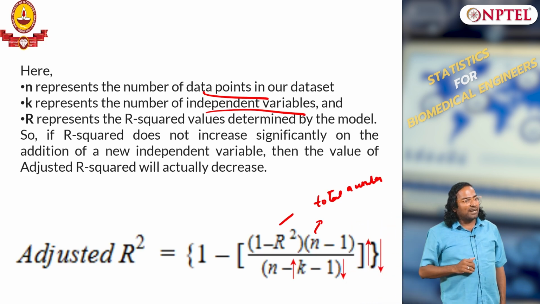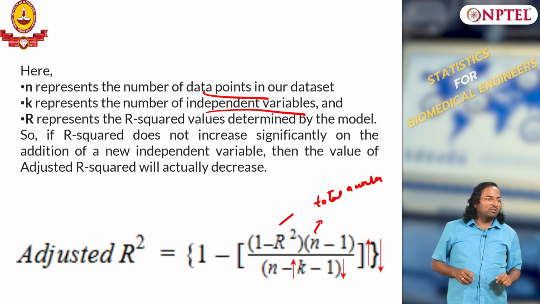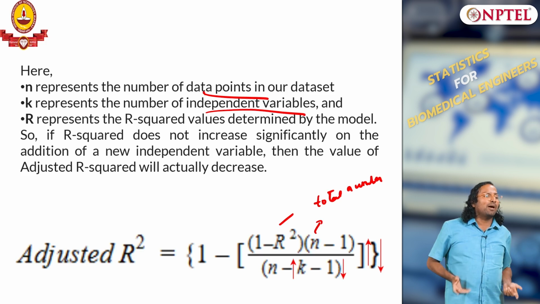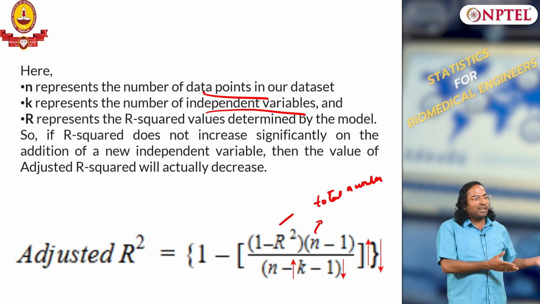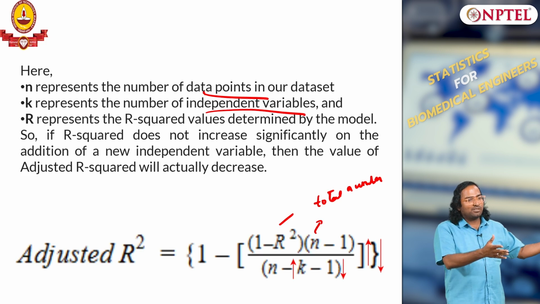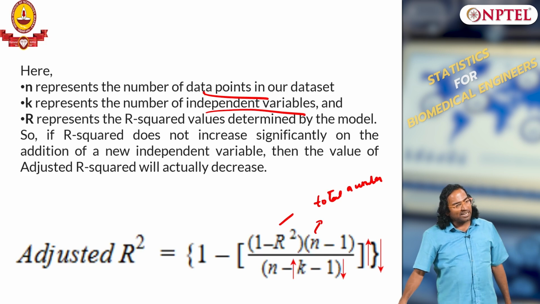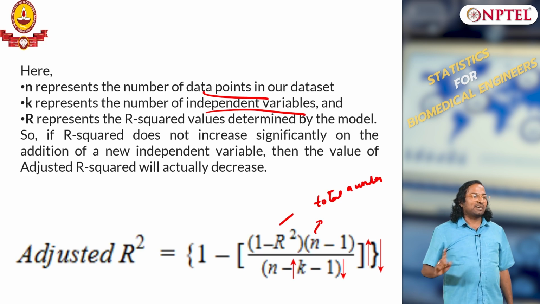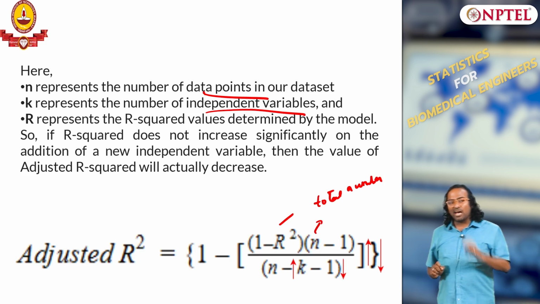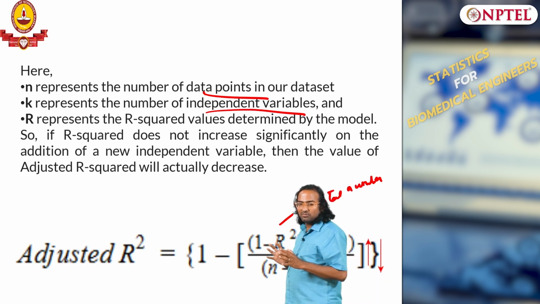If it is dependent, let us say x1 and x2 are highly dependent. x1 you used already. Now if you add x2, what will happen? This will decrease because the total variability explained by x1 itself is captured and x2 is just going to add a delta, and whether it is important or not will be told by your adjusted R square. So this adjusted R square acts as a trade off.